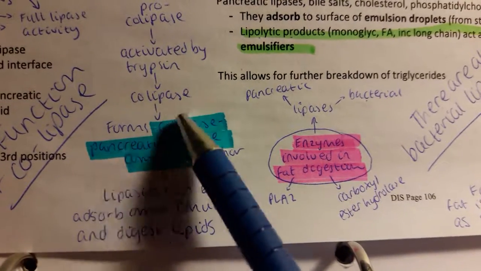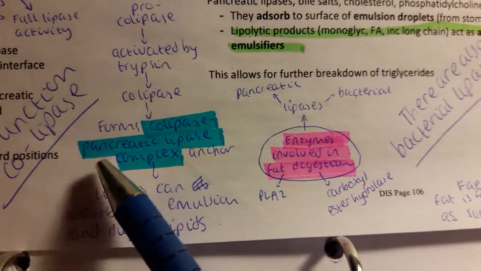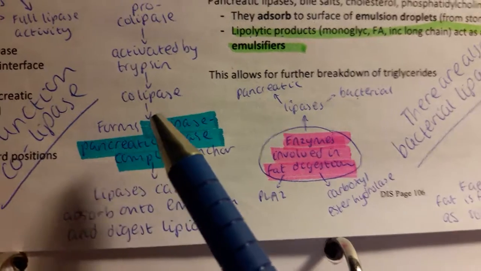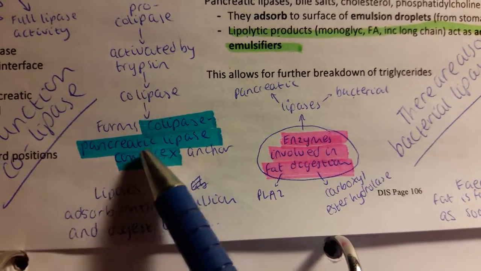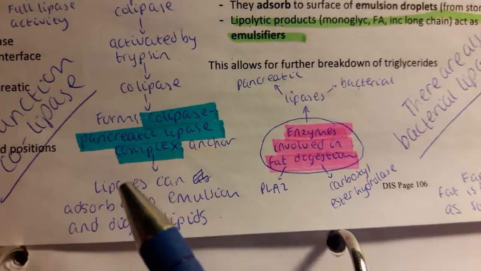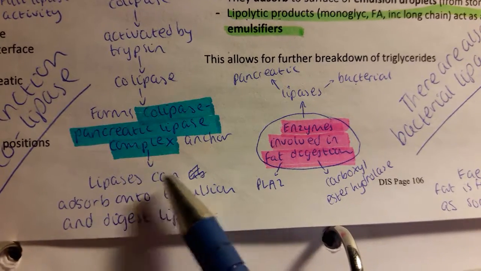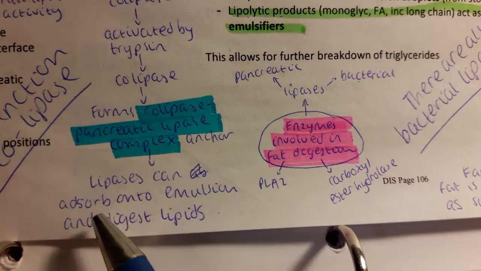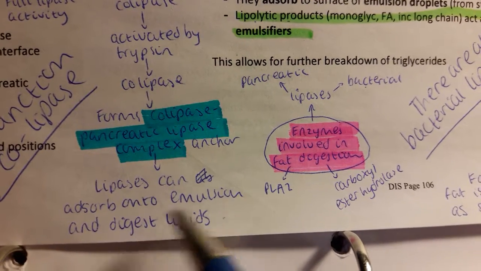It then becomes colipase, and what colipase does is it's like an anchor. It forms a colipase pancreatic lipase complex anchor, so it allows the lipases to absorb onto the emulsion and digest the lipids.